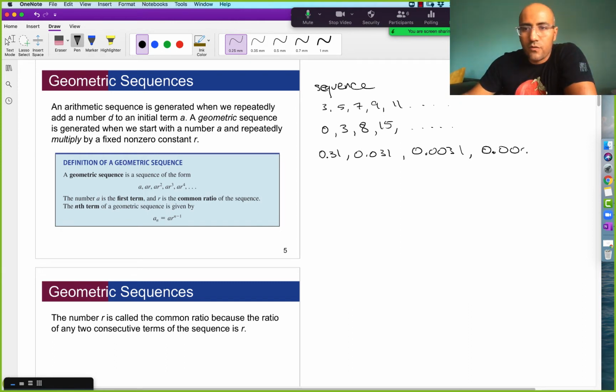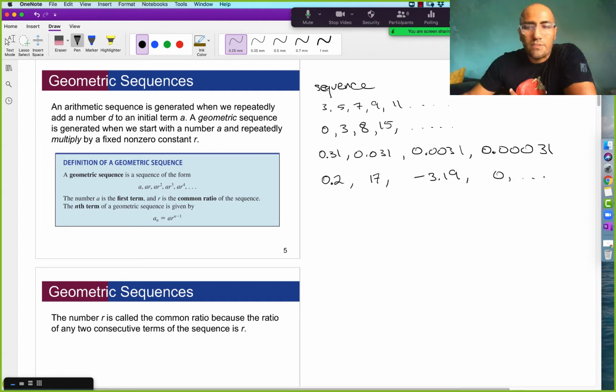So here's a potential sequence. These are all sequences, and they all have some sort of pattern to them, but they don't have to have a pattern. A sequence could just be a list of numbers, and maybe it's random chaos. Maybe the first number is 0.2, the next number is 17, the next is negative 3.19, the next is 0.